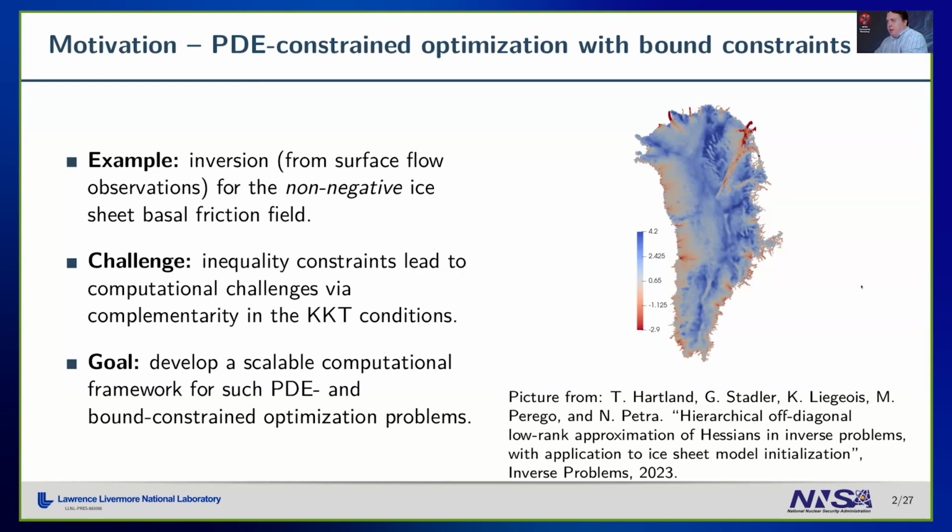On the right is the Greenland ice sheet, or a cut of it, and there's an important PDE constraint optimization problem where one tries to infer a basal friction field that lives at the base of the ice sheet, quantifying how free the ice is to slide based on observations about how fast the ice is moving at the top of the ice sheet. This has implications for our ability to model, say, future sea level rise, this sort of thing.